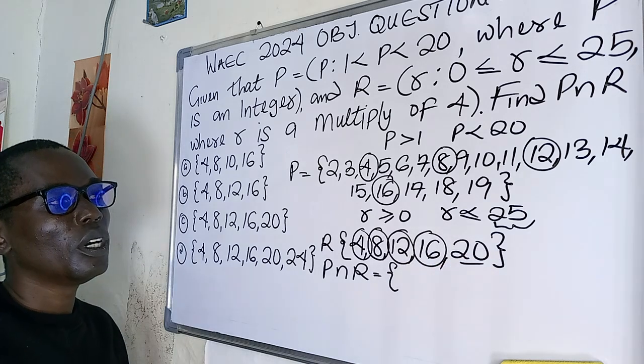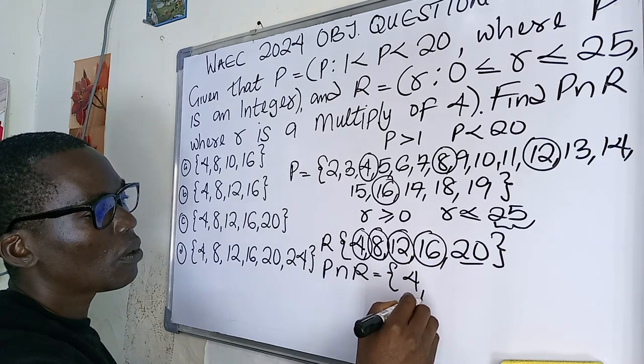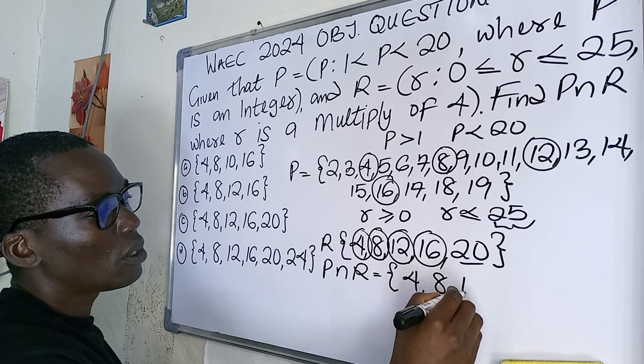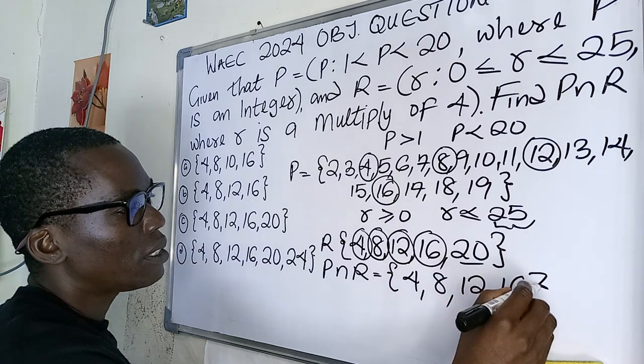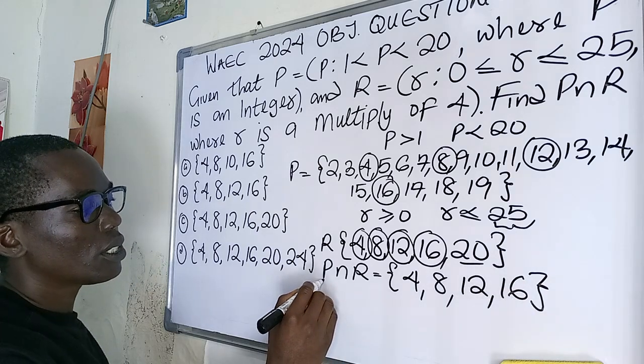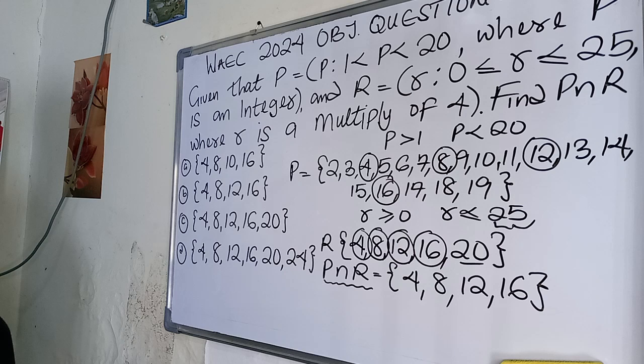So the values that are common are 4, 8, 12, and 16. These are the values of P intersect R.